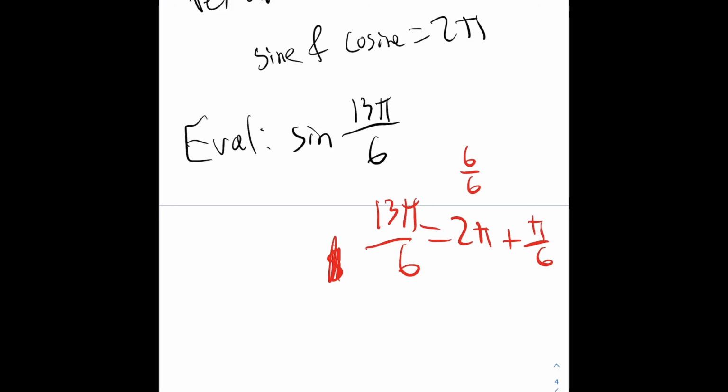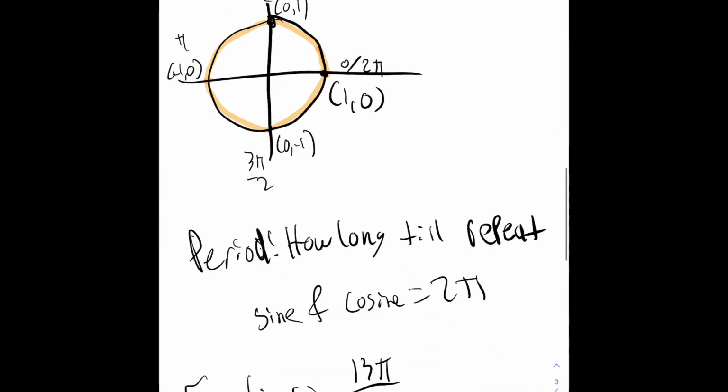And 2 pi could be the same thing as 12 over 6 pi, plus 1 over 6 pi equals 13 over 6. So I'm going to write this as the sine of 2 pi plus pi over 6, and I want to figure out what that's going to equal.